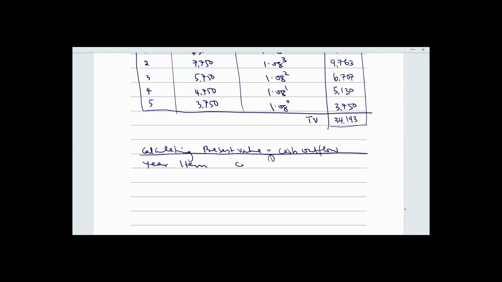Then I'll have cash flow, discount factor at 8%, then present value. Year 0, we have initial outlay of the project. Go back to the question. We are told that initial outlay is 15,000 naira. Here it will be 15,000. There's no need for you to put it in brackets because we've already said present value of cash outflow. Discount factor at year 0 is 1. Multiplied by 15,000 will give us 15,000.